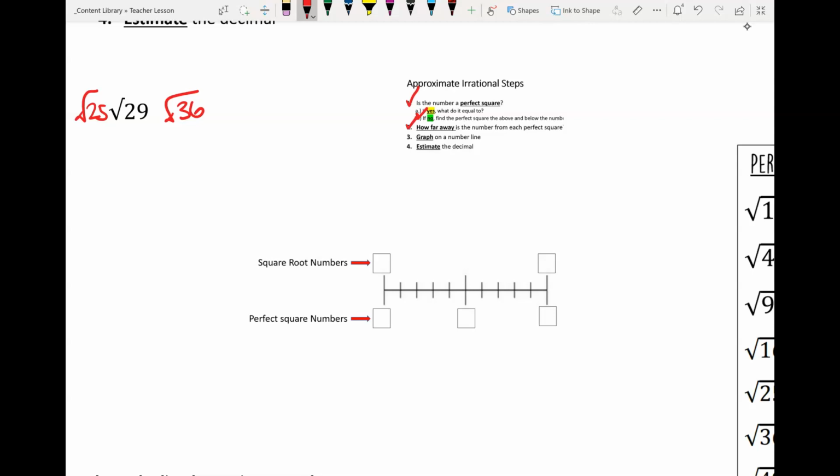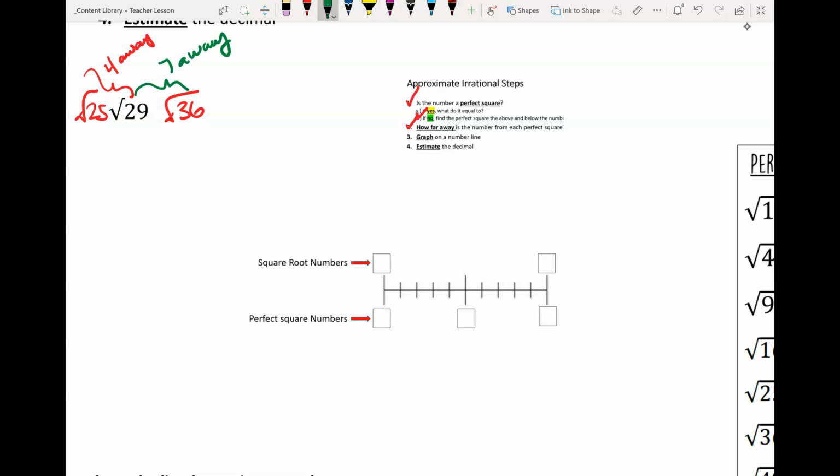Now we want to know how far away the number is from each perfect square. Well, 25, 26, 27, 28, 29, so 29 is 4 away. 29, 30, 31, 32, 33, 34, 35, 36. This is 7 away.